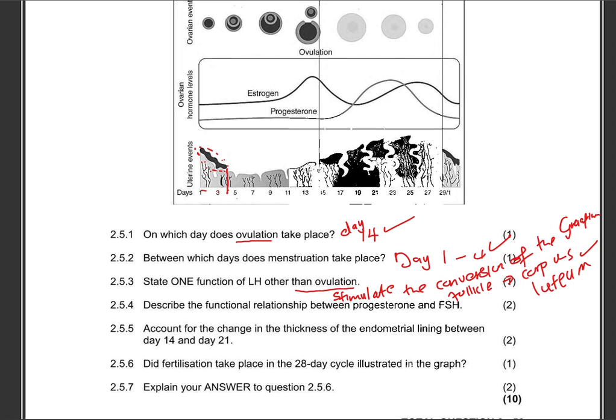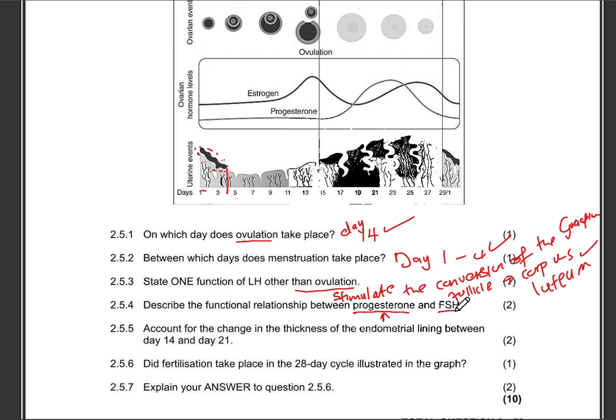Describe the functional relationship between these two hormones, progesterone and FSH. Now that is negative feedback. High levels of progesterone will obviously inhibit the secretion of FSH.